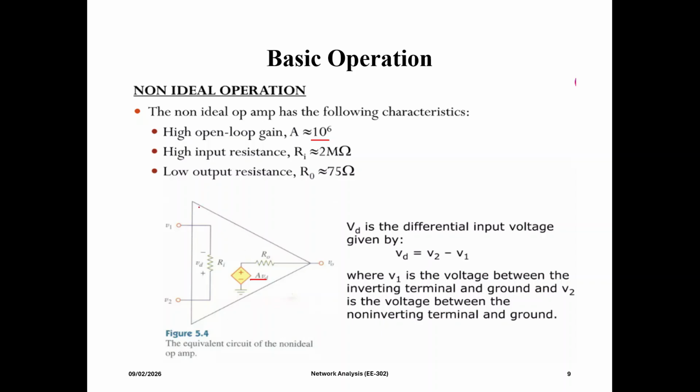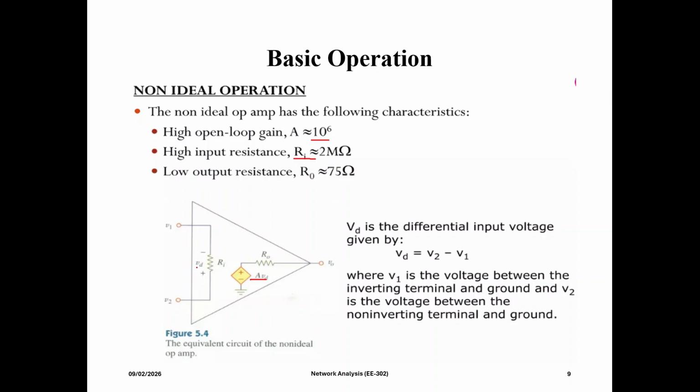Okay, the second characteristic is high input resistance, Ri, that is approximately equal to 2 mega ohm. That is represented as Ri in this equivalent circuit.